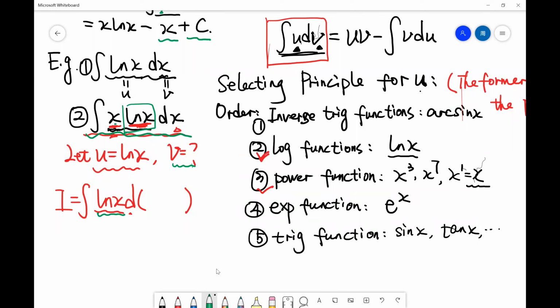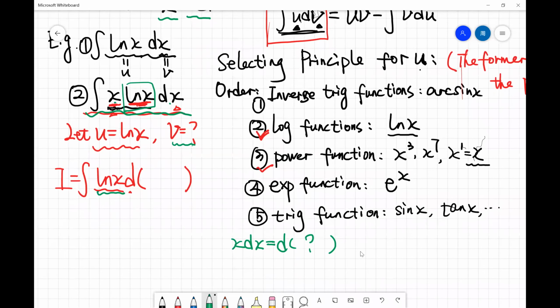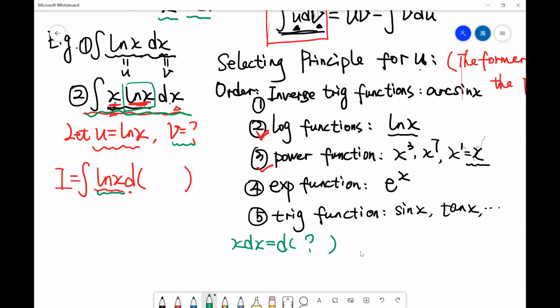We have x dx here, right? So you should know that x dx equals d of what? Guys, can you fill in the blank? x dx equals d of what?